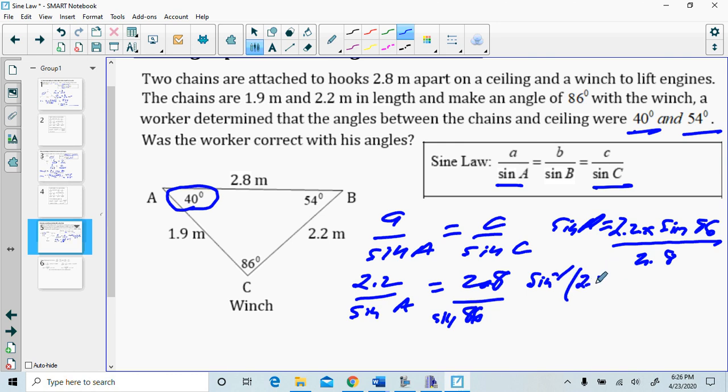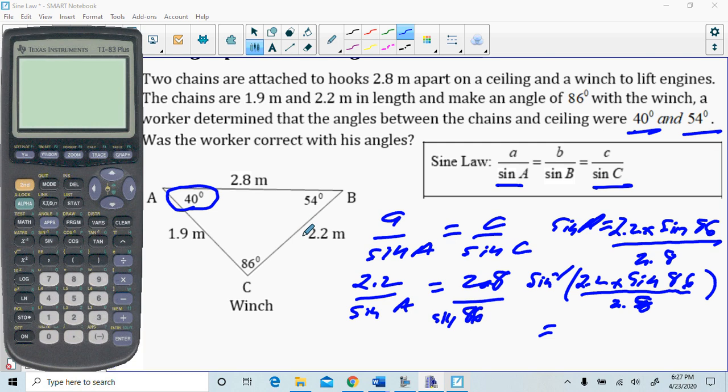So 2.2 times sine of 86 all over 2.8. And let's figure out what that is. Clear out the one from the question before.